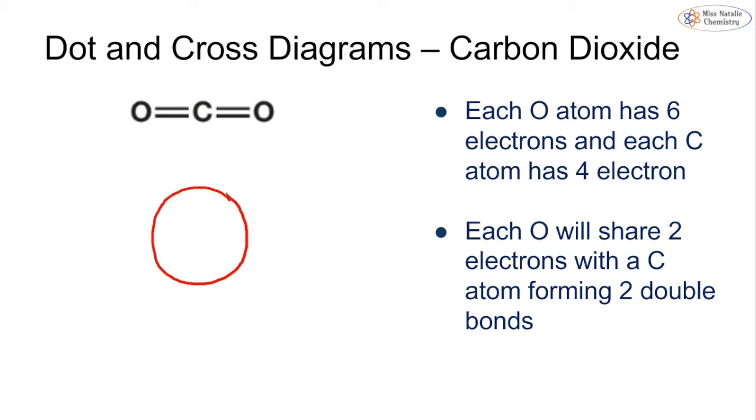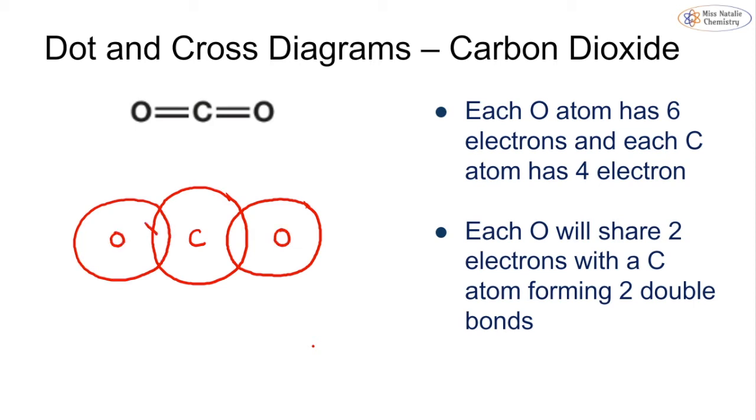Well, we have the carbon in the centre, and we have an overlap with the oxygen. And our carbon has its 2 unpaired electrons on either side, so all 4 then split into 2 pairs, and they then overlap with the oxygens, and the oxygen's 2 unpaired electrons sit within that same overlap.